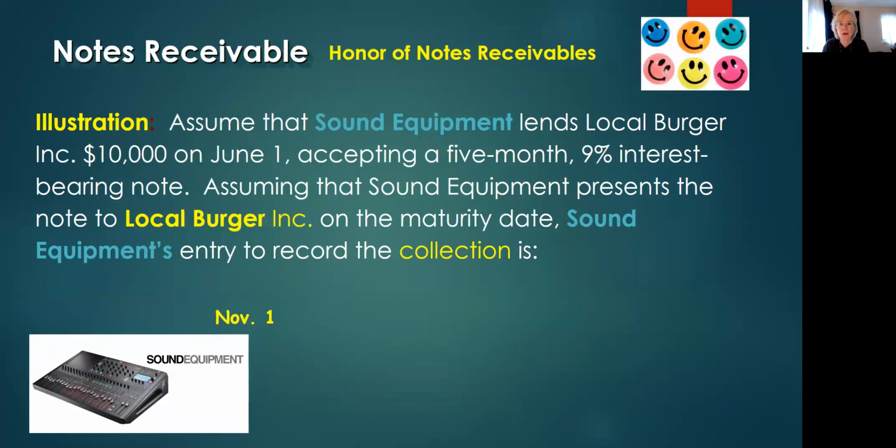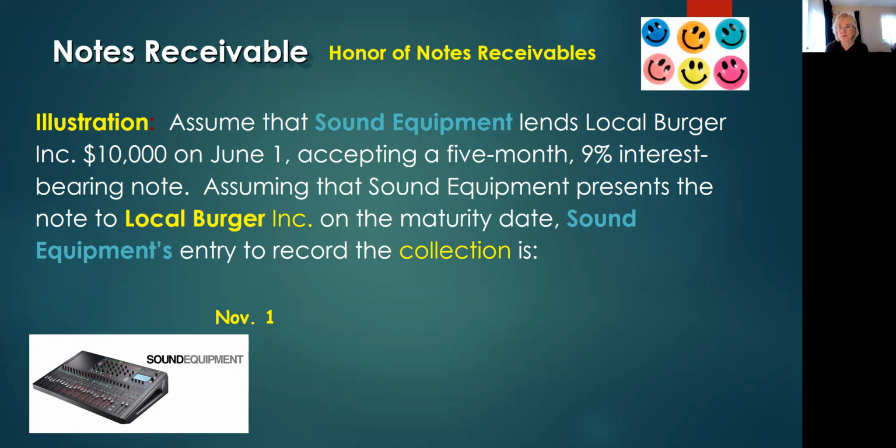Okay. Well, let's do a good one. So in the middle of page 28, can you guys do this one? The note was made June 1st. It was a 5-month, 9% note. At the end of 5 months, Sound Entry collects the note.